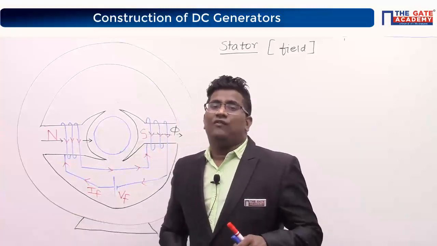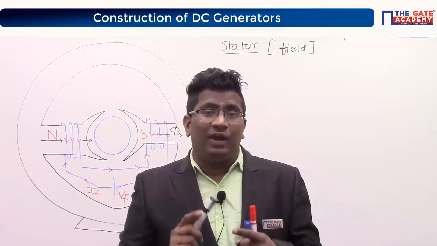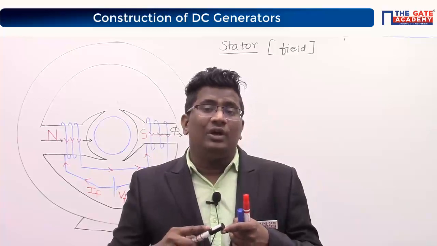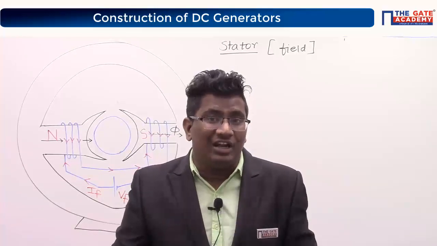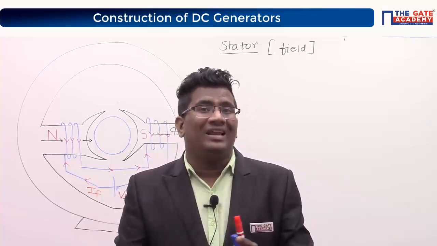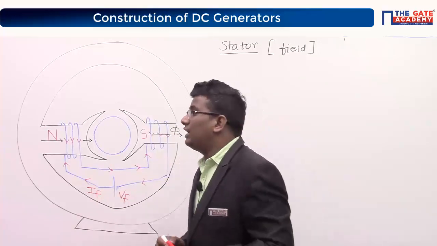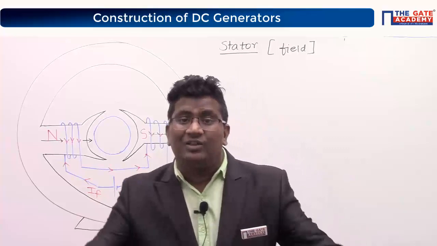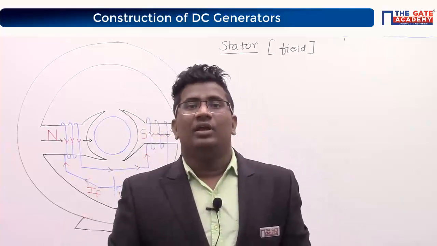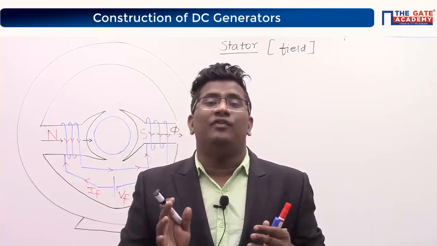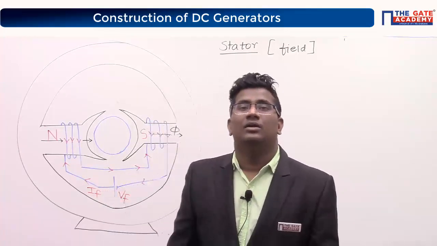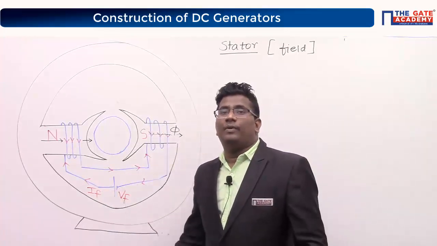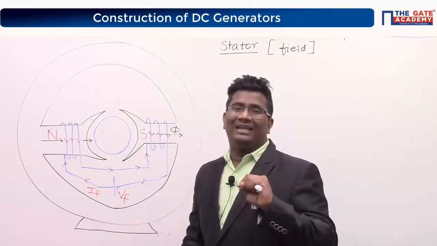So will flux flow without having any closed path? Is a closed path required or not? Yes. Therefore, who will provide the path for the flow of flux? Core material.